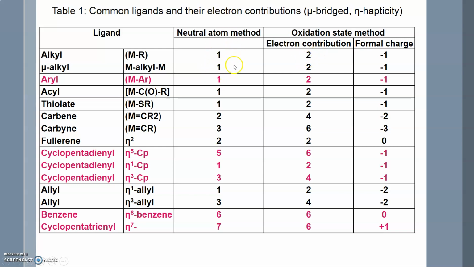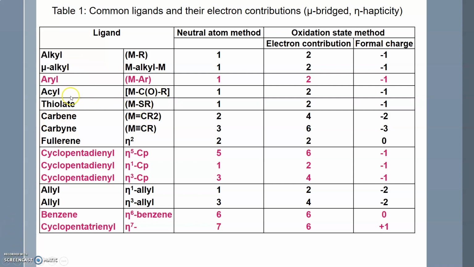So in the neutral atom method, the electron contribution is considered only as 1. Then when it is an aryl group, again the formal charge is -1 and the electron contribution is 2 in the case of oxidation state method. But when you add these two, you get 1, which is the electron count considered in the neutral atom method. The same is true for acyl group and for the thiolate group.